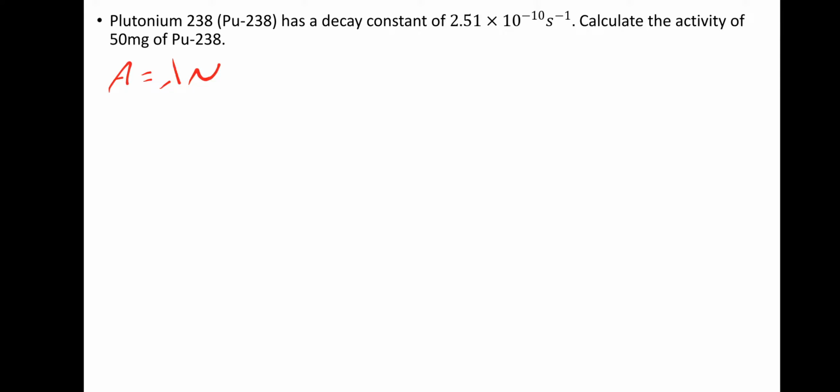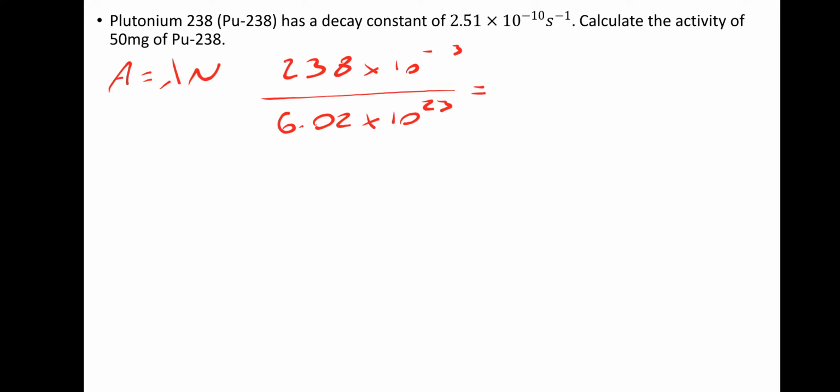So to do that, we can find the mass of a single Plutonium-238 atom simply by doing, so it's Plutonium-238, so it'll be 238 grams, or 238 times 10 to the minus 3 kilos, and divide that by Avogadro's number, which is 6.02 times 10 to the power 23.